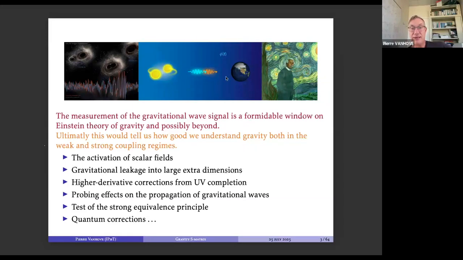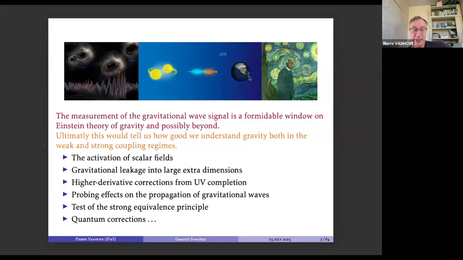And then you can test whether your gravitational wave has propagated between the source where it has been emitted and the detector.